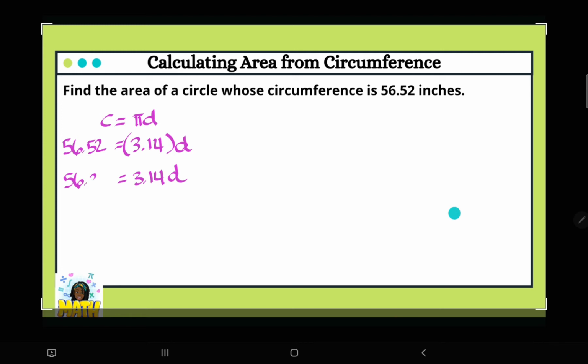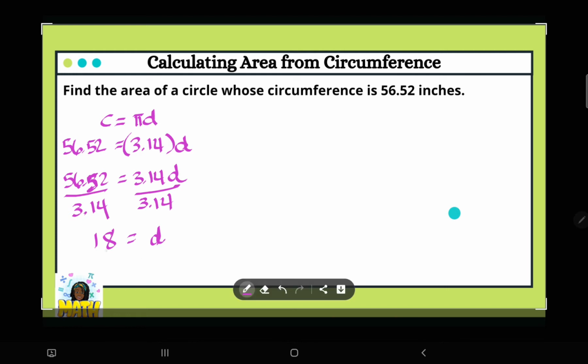And then I'm going to use inverse operations to divide both sides by 3.14 to calculate my diameter. I just noticed that I wrote 56.32 instead of 56.52. When I divide that by 3.14, I get that d is equal to 18.